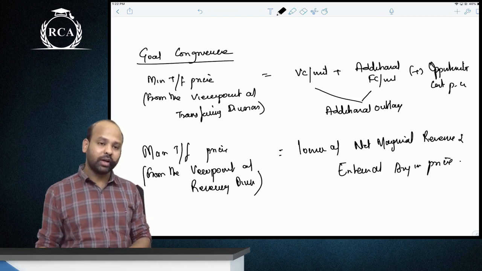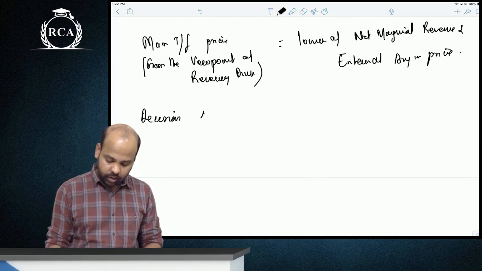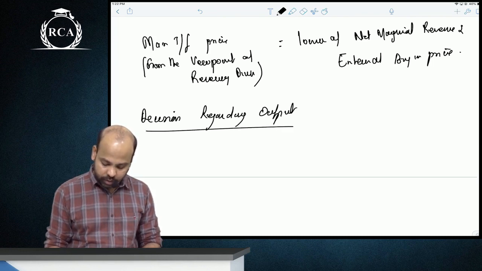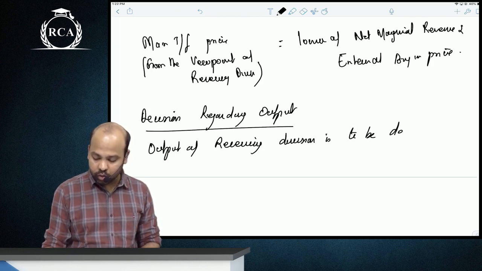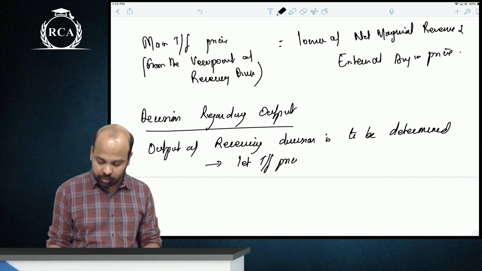Another important point that you should know is if there's a decision regarding output, whose output are you deciding? If the output of the receiving division is to be determined, let the transfer price be equal to the minimum transfer price.